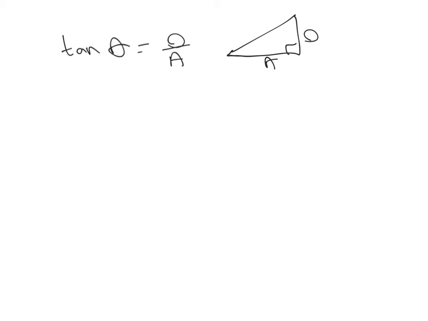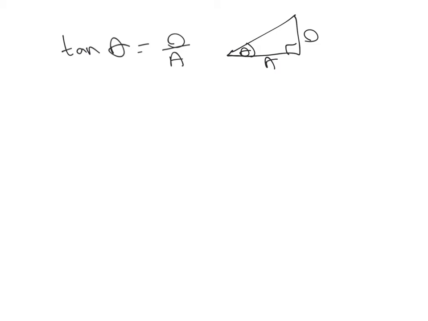So tan, or tangent, of an angle is opposite over adjacent. In any right angle triangle, there's our opposite and there's our adjacent. Let's look at tan 0 to start with.